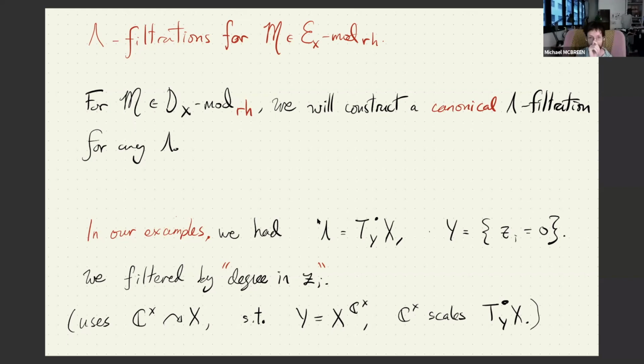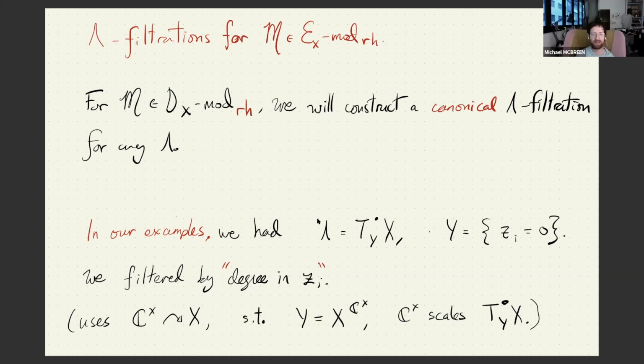Okay, so how are we going to construct this canonical lambda filtration? Well, in our examples, we started with a lambda, which was, again, the conormal of some submanifold Y of X, given by setting some variables to 0. And we just filtered basically by the degree in those variables.